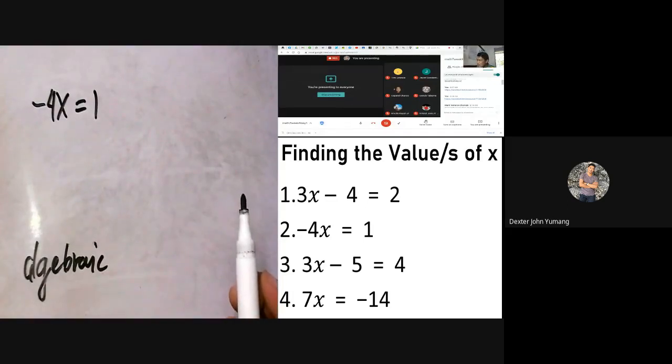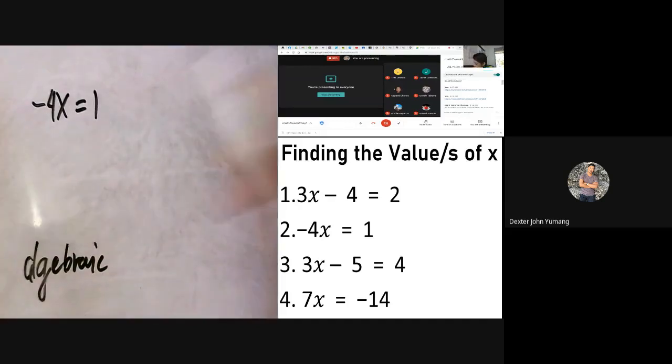In this case, i-divide nyo lang man siya sa negative 4. Okay, let's find out what will be your answer. You are just going to divide it by negative 4. So, what do you think is the answer?